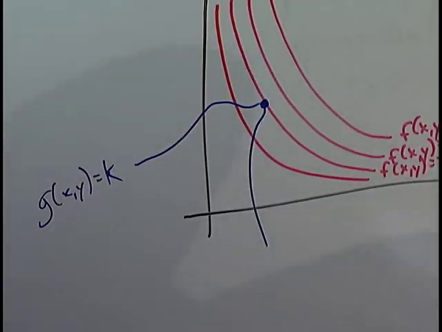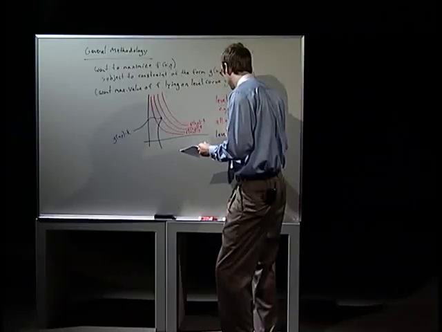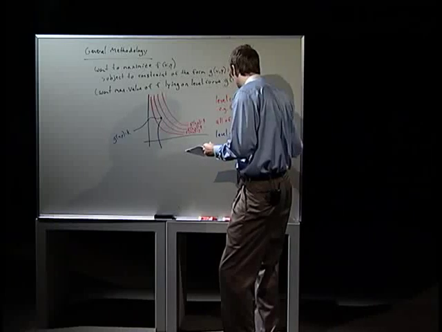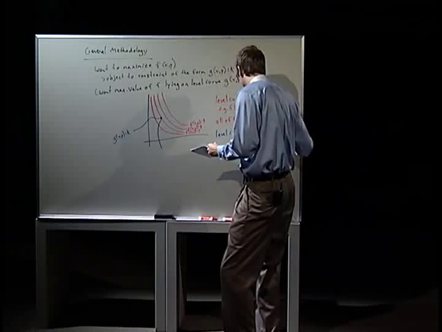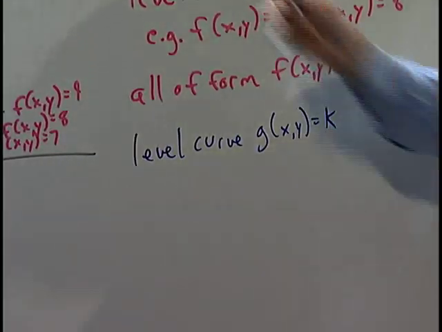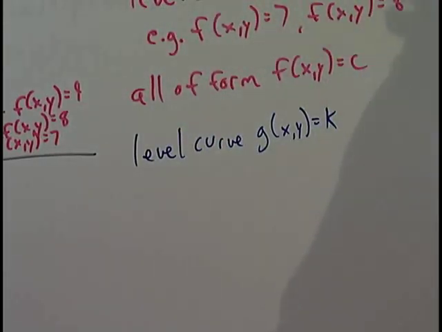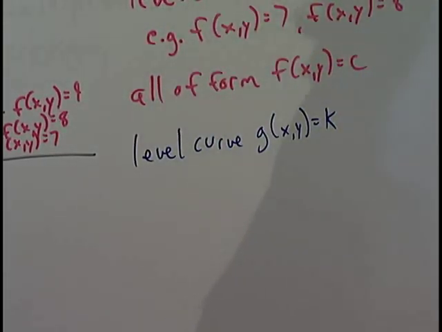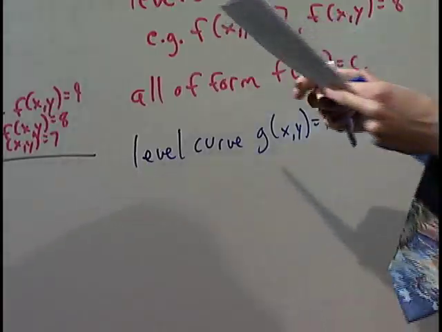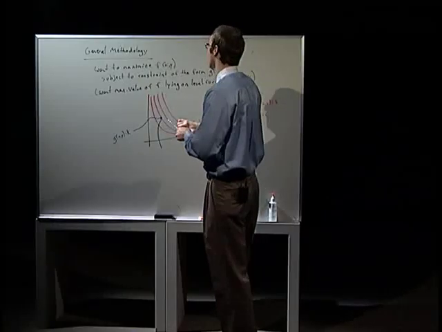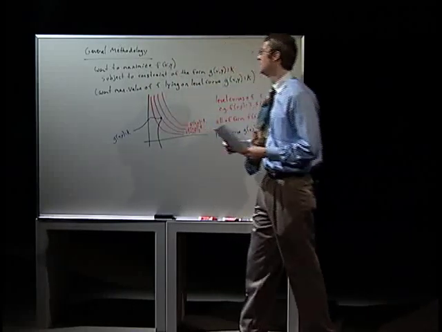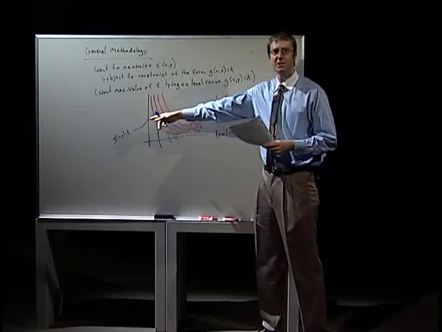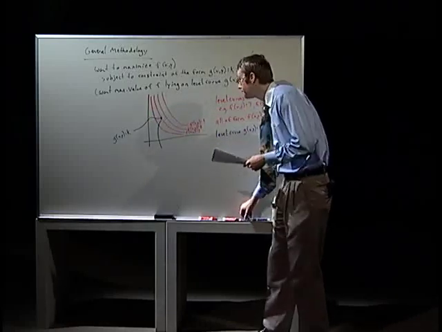So the blue is the level curve g of x, y equals k. Remember, these are different functions. f and g are not the same functions, so their level curves won't look the same, right? And so I want to maximize f subject to this level curve g.